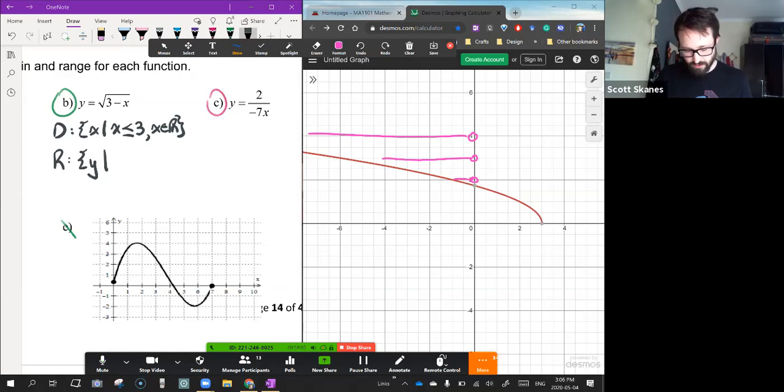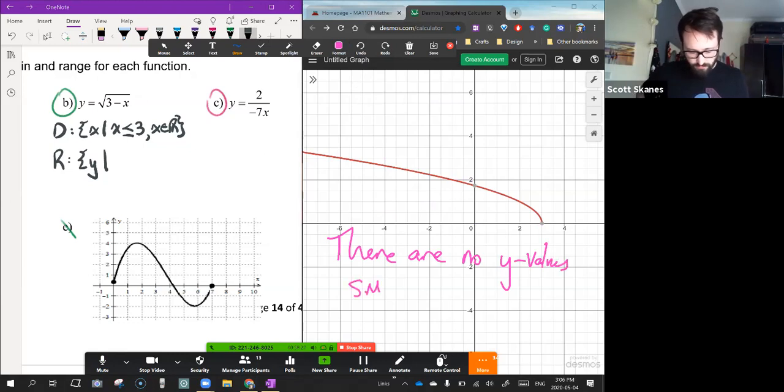Believe it or not, I could stretch this out, it would keep going. 0.5 is okay, even 0 is okay. But nothing below this function exists. What I mean is, there are no y values smaller than 0.